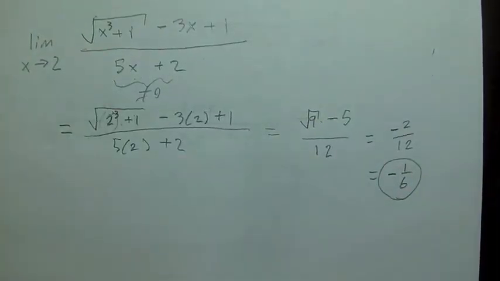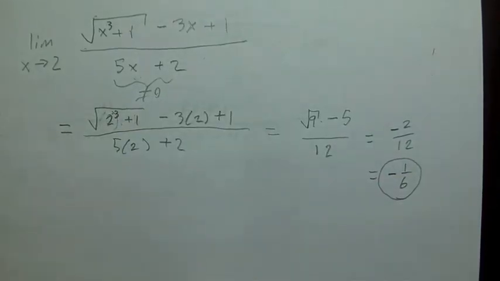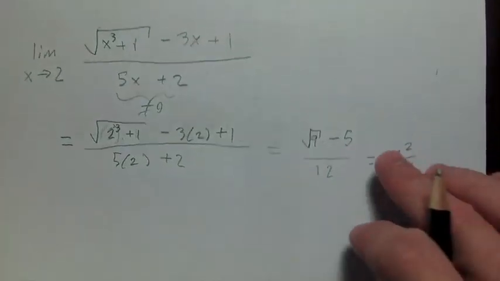So again, your first line of defense, your first strategy for limits: plug and chug. Plug it in, see what you get. Let's look at another example.